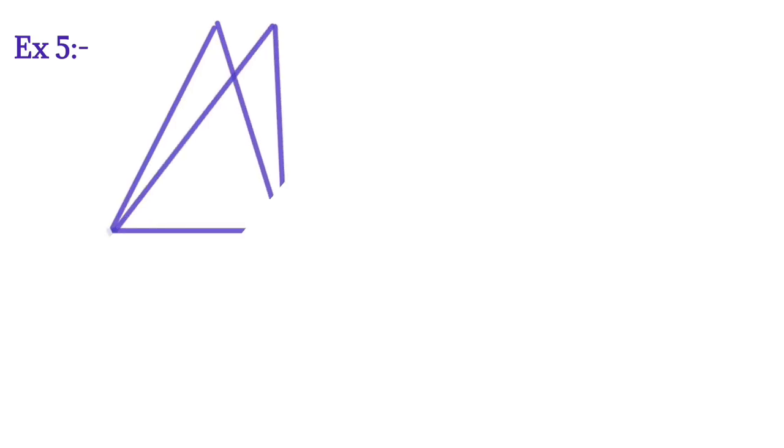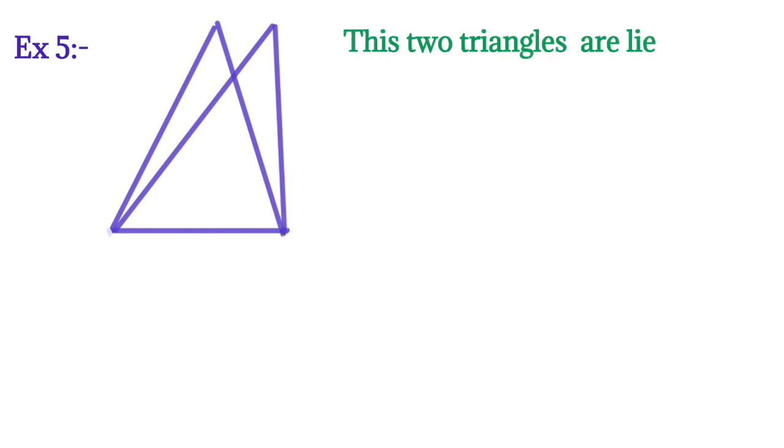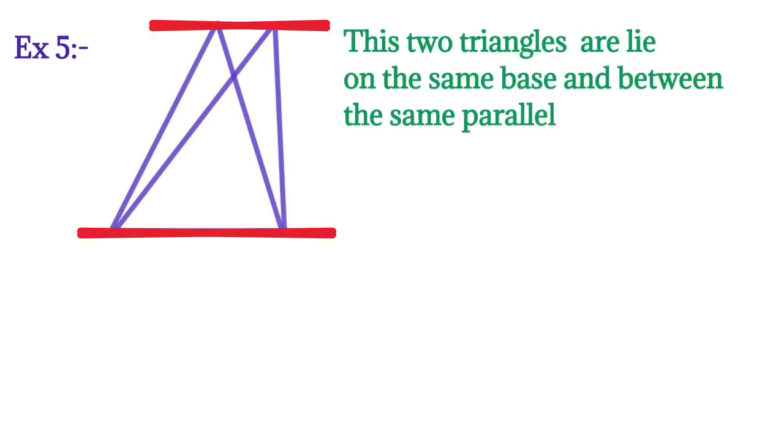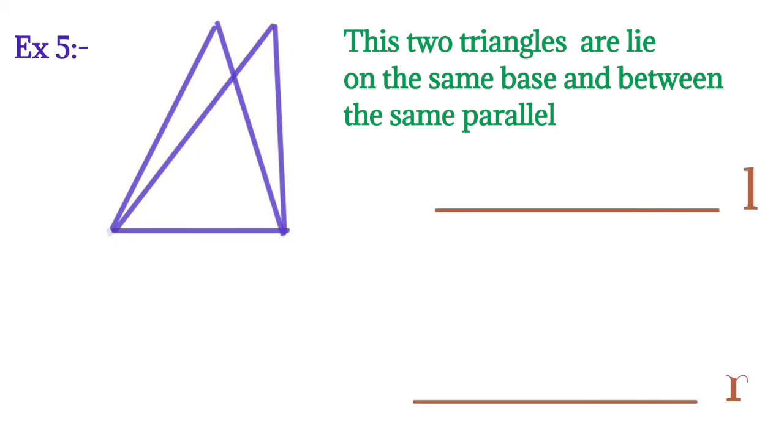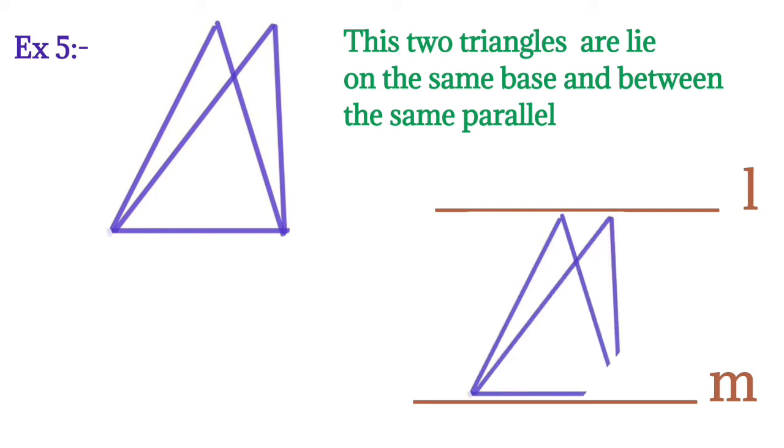Come to the fifth example. Here two triangles are there. These two triangles lie on the same base and between the same parallel. Suppose two lines L and M are there. We can say parallel lines because those two lines are straight lines and they do not intersect at any point.